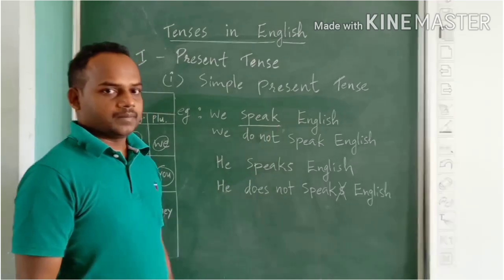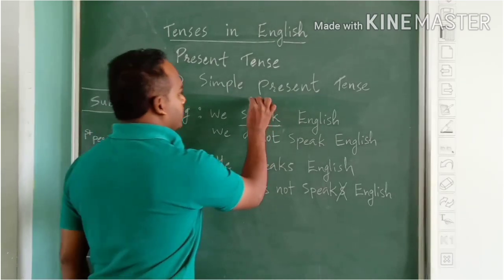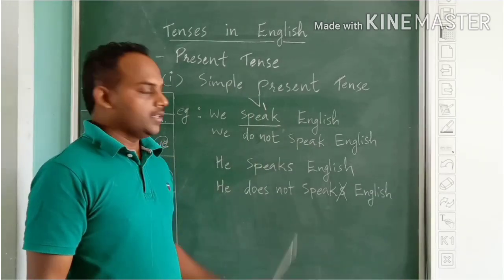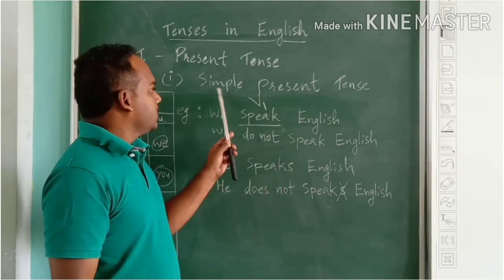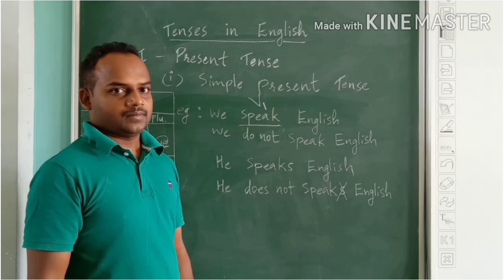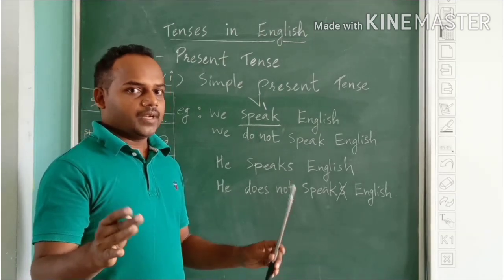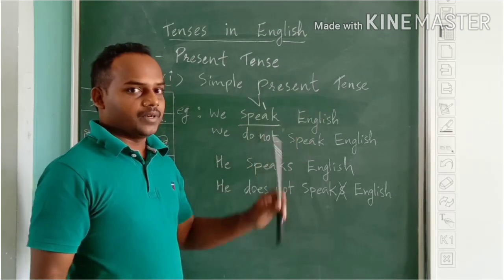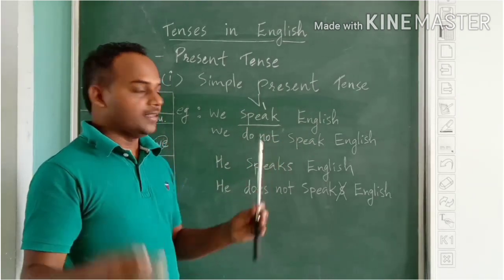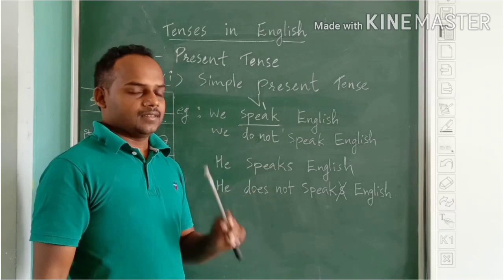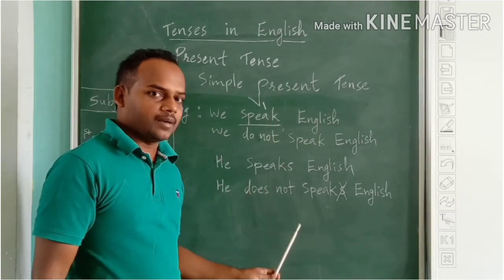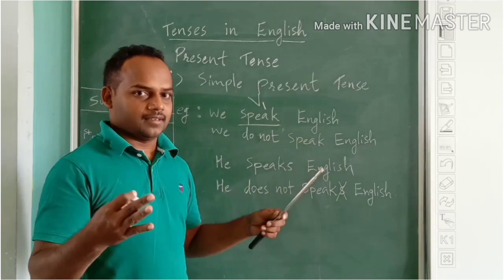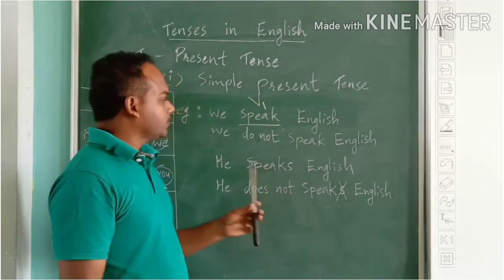Here the verb speak is in the first form of the verb. It shows that it is in the simple present tense. Ready? Now we are not doing the usages of this tense, but we are going to learn the grammar of this tense. After learning the grammar, we can use this simple present tense in action, in the next video.